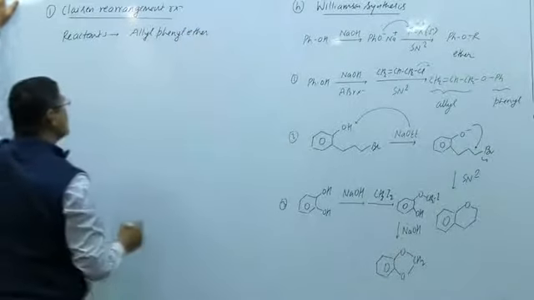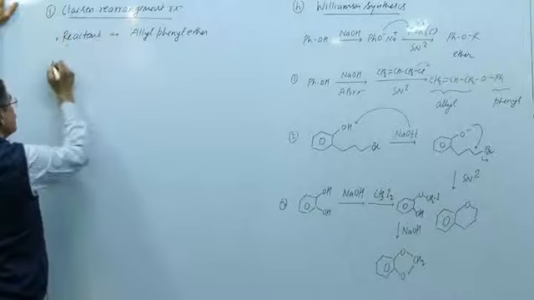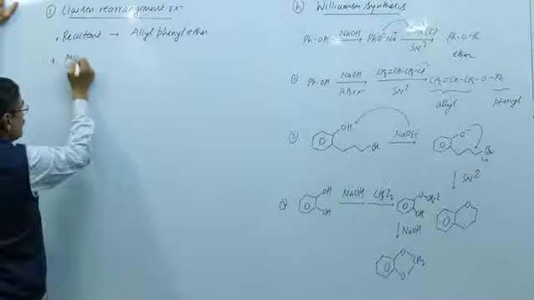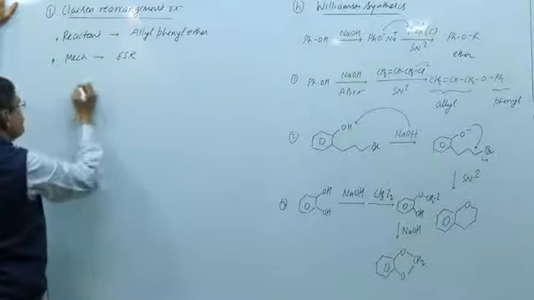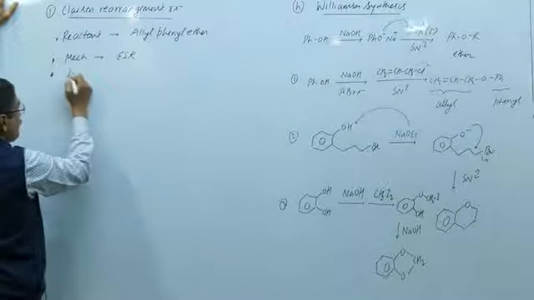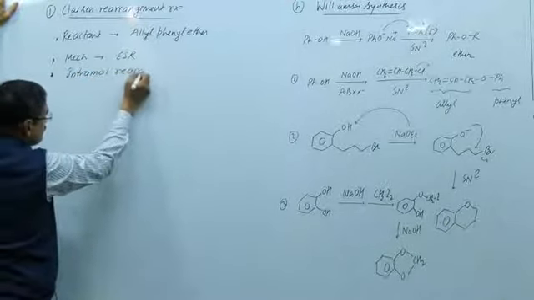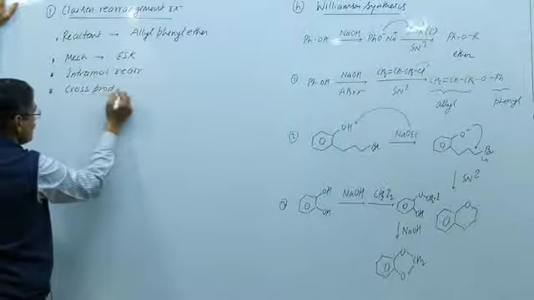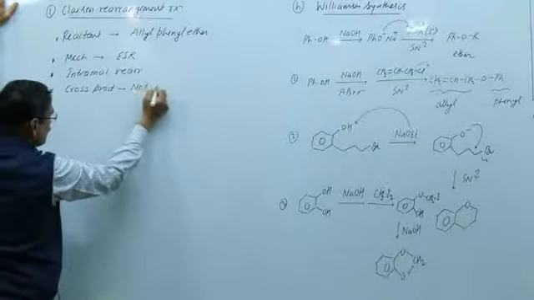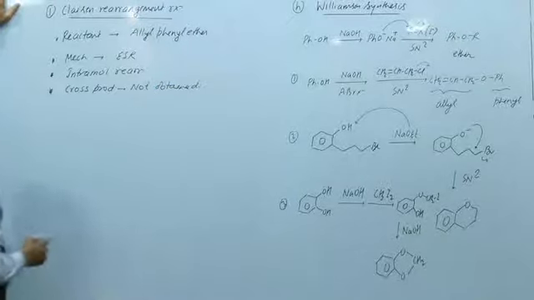This must compulsorily be allyl phenyl ether. The mechanism is ESR. This is an intramolecular rearrangement, so cross products are not obtained in this reaction.